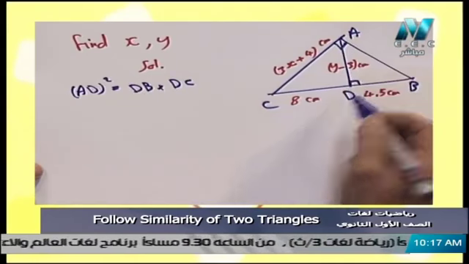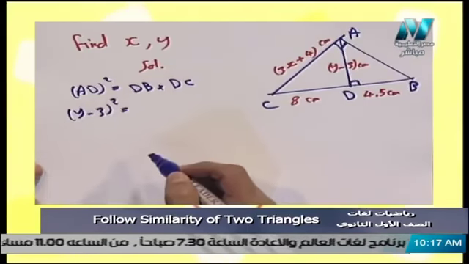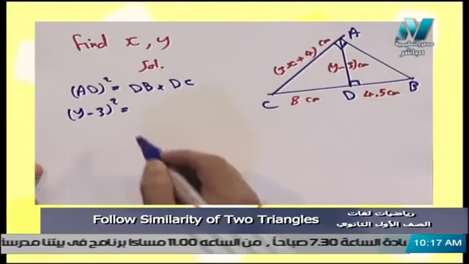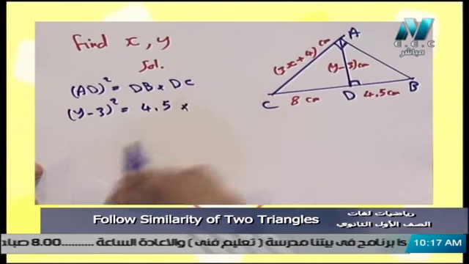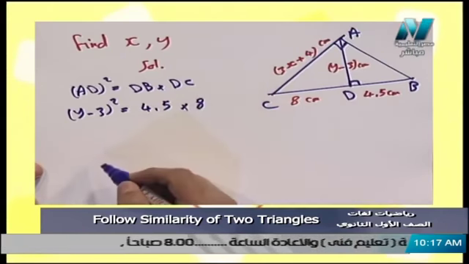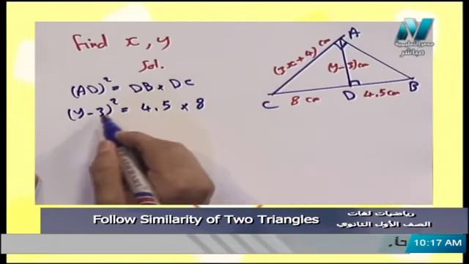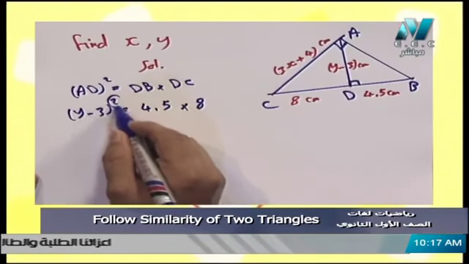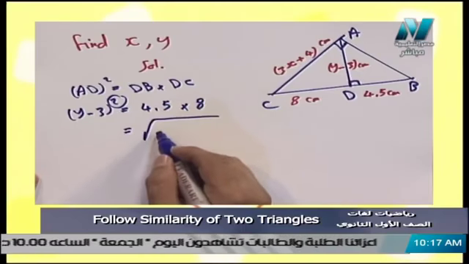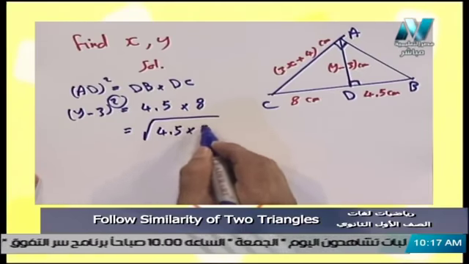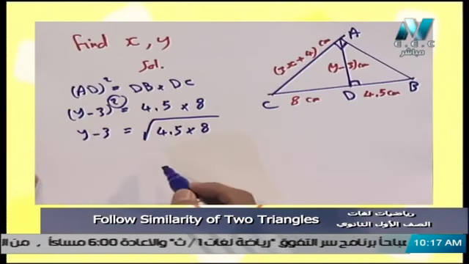AD power 2 here is y minus 3 power 2, and DB is 4.5, and DC will be 8. To find y minus 3 only and cancel the power 2, we will take the square root of 4.5 multiplied by 8. It will be y minus 3.